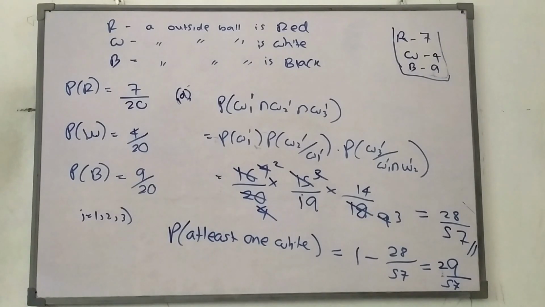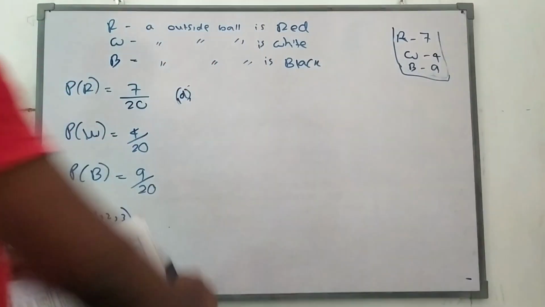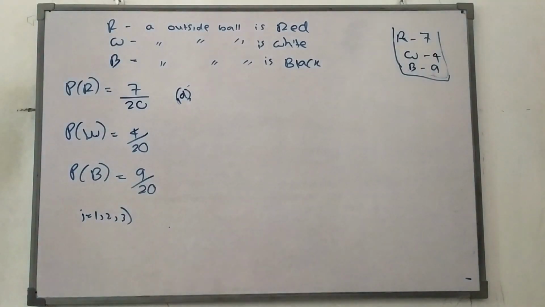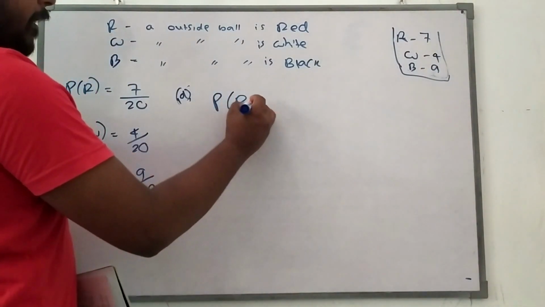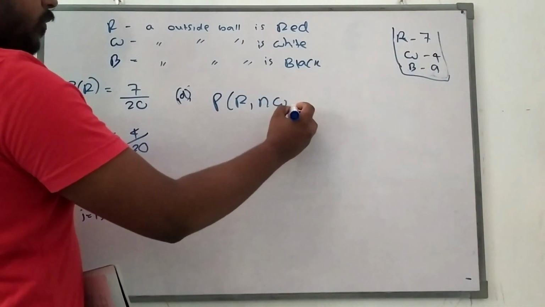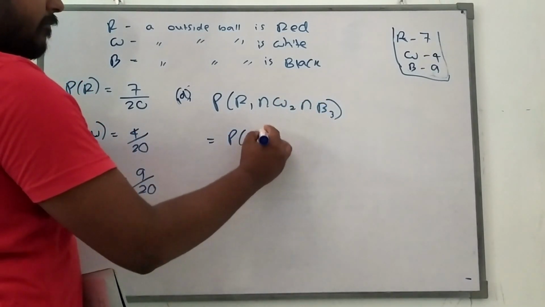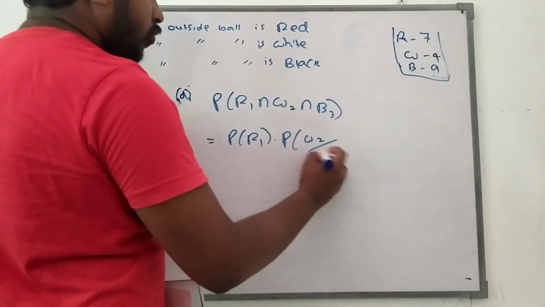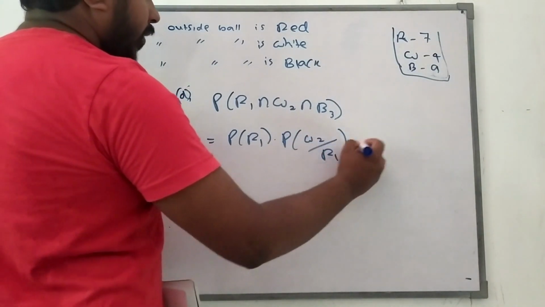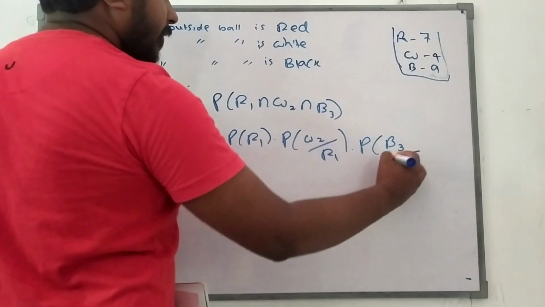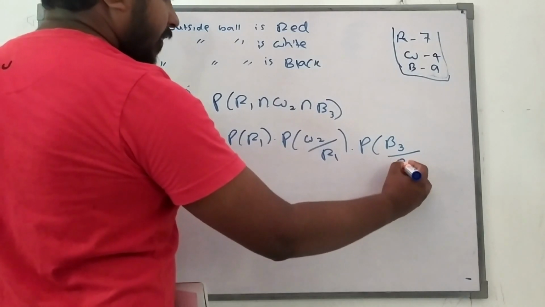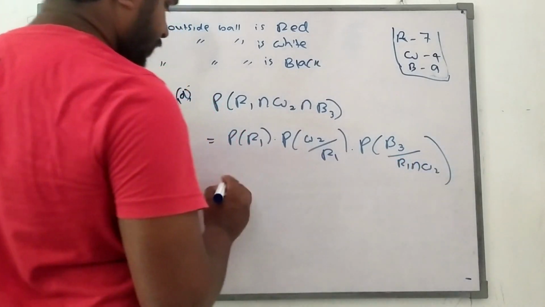Okay, one more. 3 balls will be of 3 different colors. So which means R1, W2, when the R1 has occurred, B3, with the R1 and W2 both having occurred.